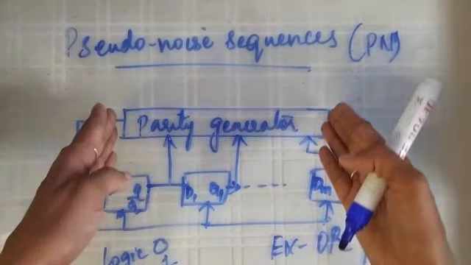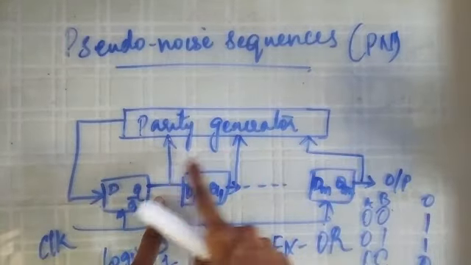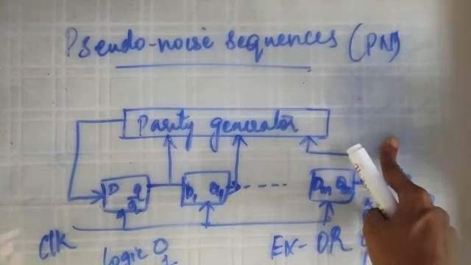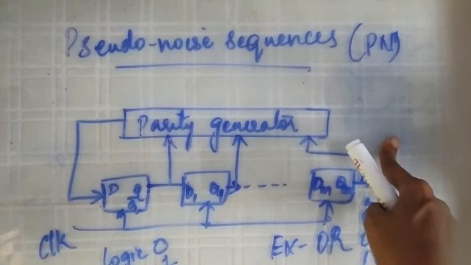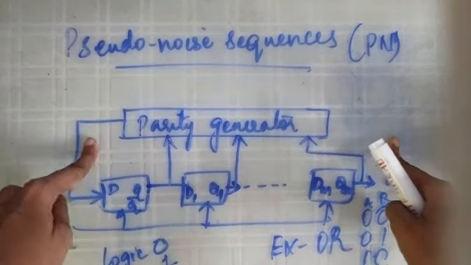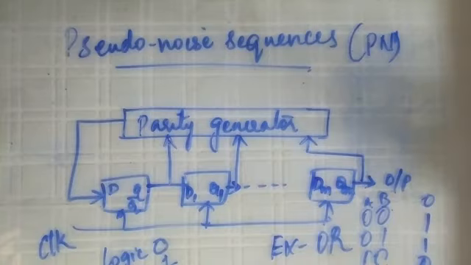The parity generator is nothing but an XOR gate, and whenever the number of inputs connected is even, you get a logic 0 at its output, and whenever it's odd, you get a logic 1. Each flip-flop's value keeps changing depending on the clock.